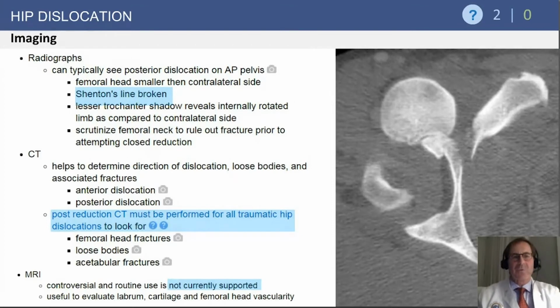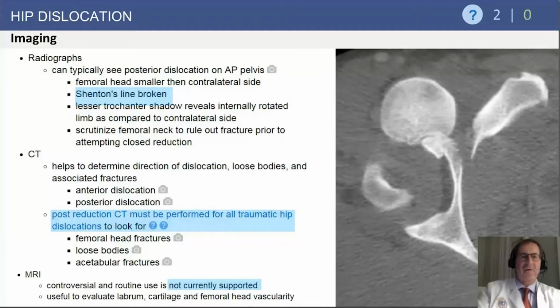These anterior dislocations are often associated with an impaction injury to the femoral head, and again, just like posterior dislocations, a CT scan is recommended for these once the dislocation occurs.